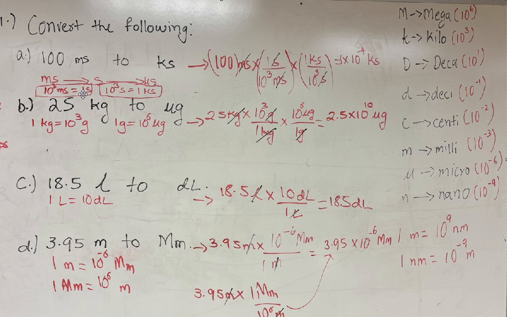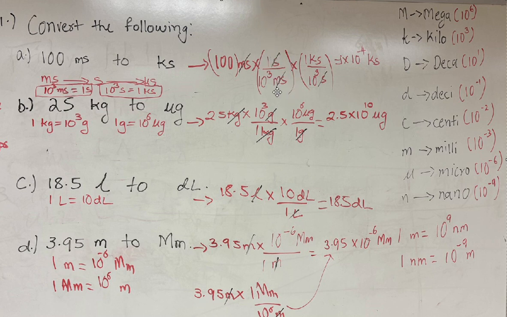It would work exactly the same. Now, to plug it all in, I have the starting measurement 100 milliseconds, and I'm going to multiply the starting number with the conversion factors now. So I have the relationships jotted down here, these two.